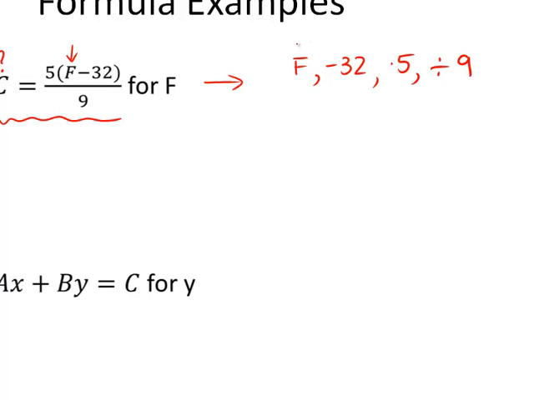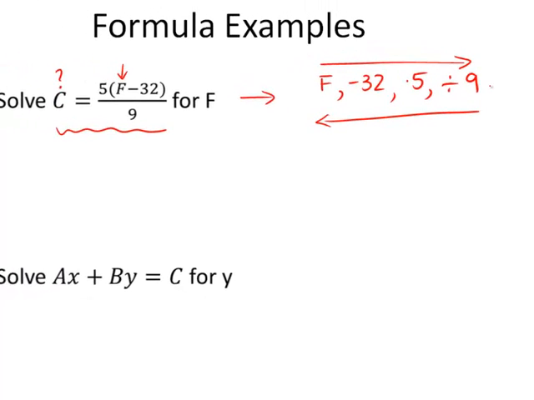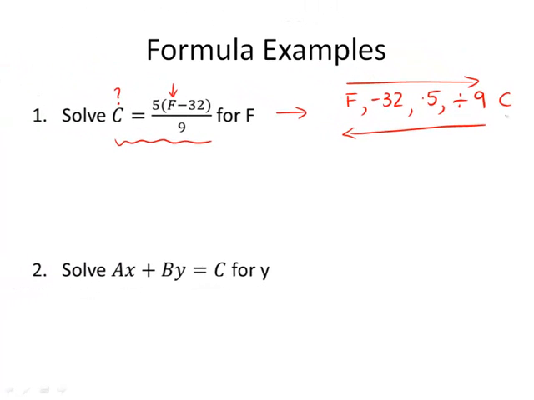If you work backwards from your Celsius, you'd have to oppose all of those things. So you'd actually have to multiply by 9 first, then divide by 5, and then add 32, and you'd get back to your Fahrenheit.